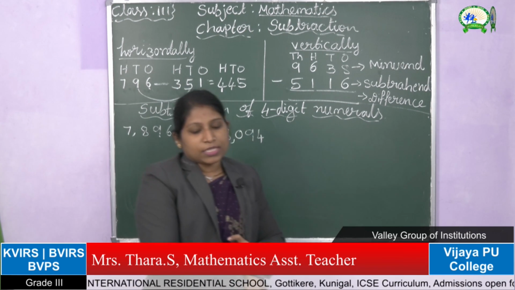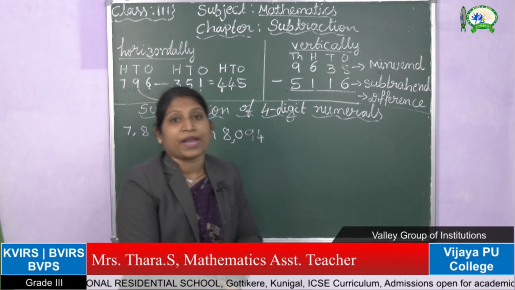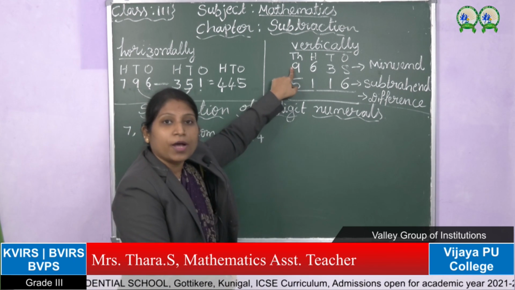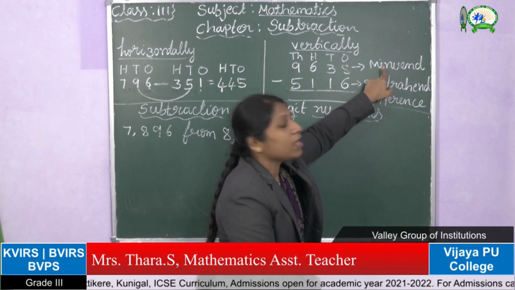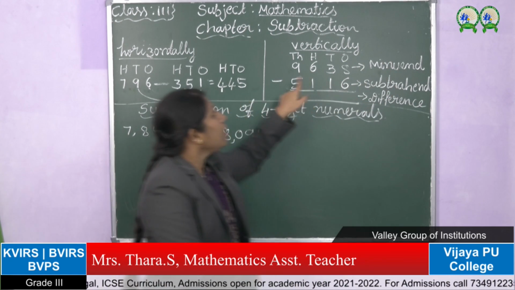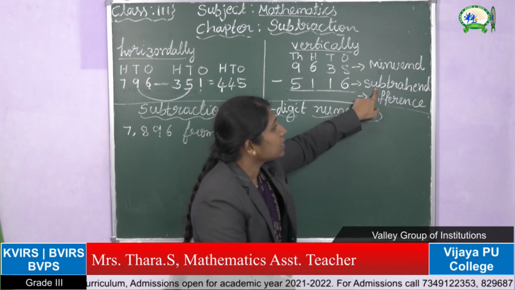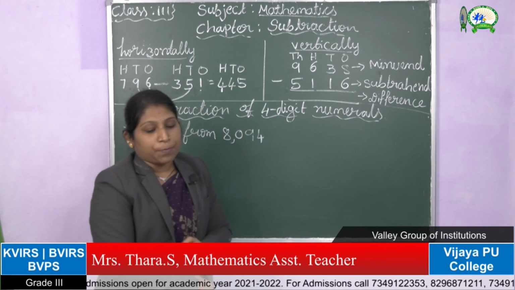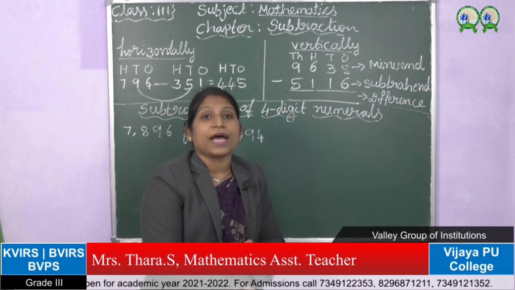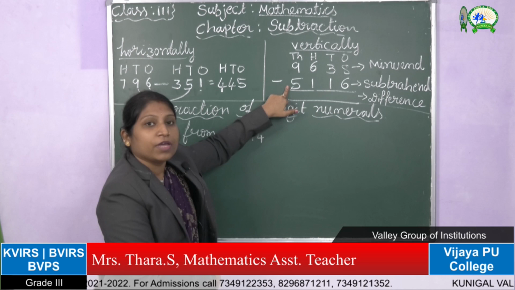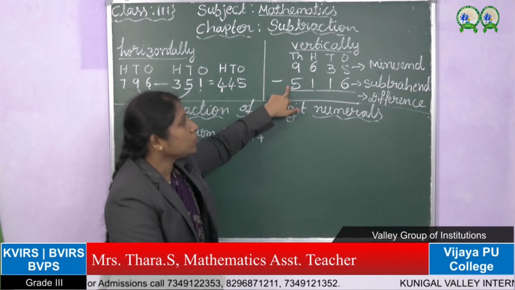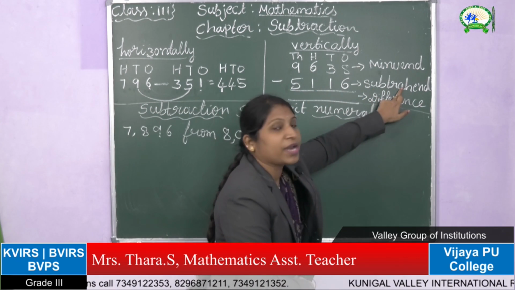The minuend is the number from which we subtract. The first number we can call the minuend. And this one we can call the subtrahend. The subtrahend means the number that we subtract. We are going to subtract this number, so we call it the subtrahend.